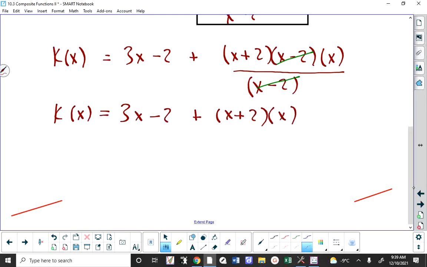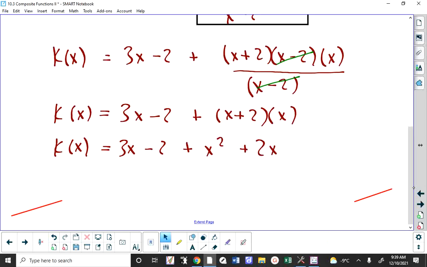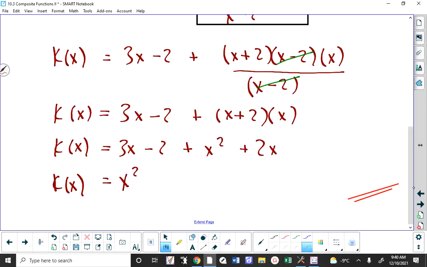And I see no reason why we wouldn't multiply that out now to get a nice quadratic function. So k of x is 3x minus 2 plus x squared plus 2x. Just rearranging the order of those terms, we can write k of x, this function we're after, as x squared plus 5x minus 2.